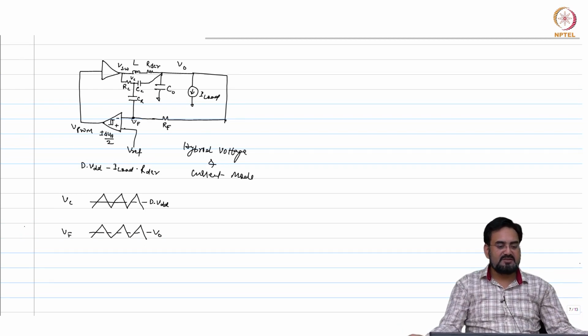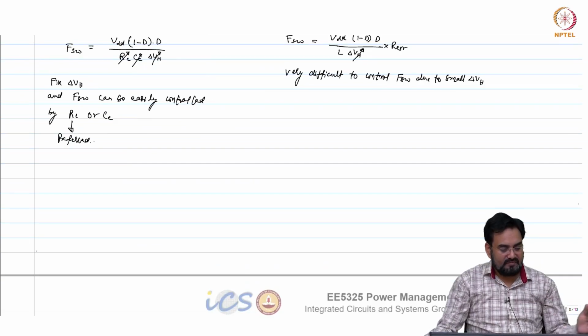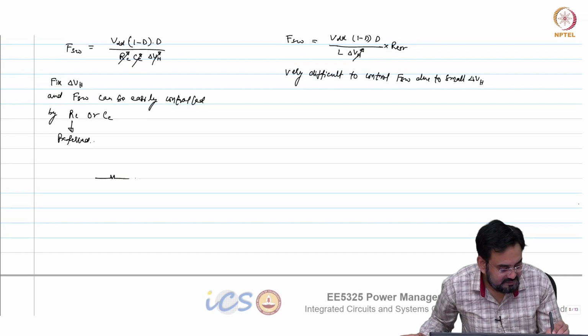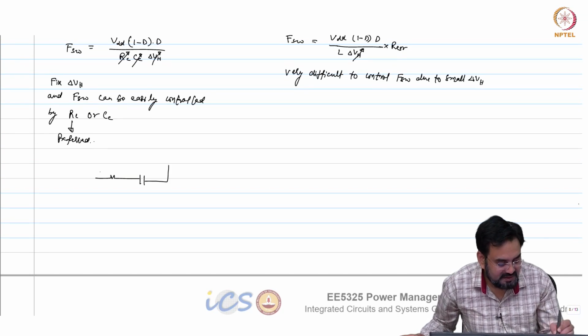So how do we control the switching frequency here? What do we need to detect? You need some feedback control to control the frequency. So this is your RC. I am only drawing that portion.